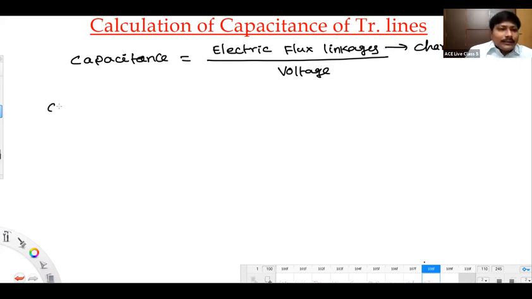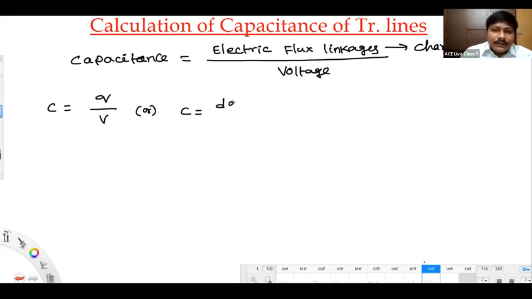So we can call this C simply Q by voltage, capacitance as charge by voltage. Or better, compared to Q by V, you can write it as dQ by dV, meaning rate of change in the electric flux linkage with respect to voltage can be called as charge.